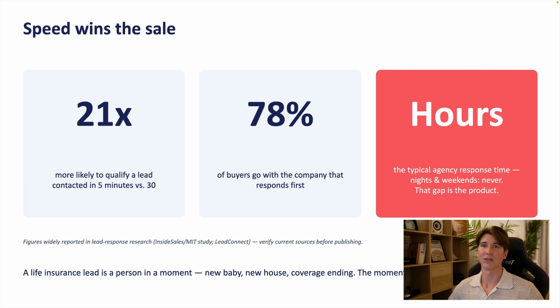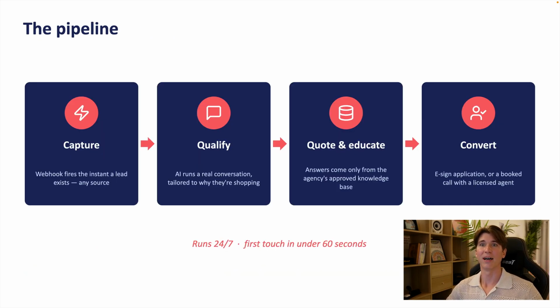So what we'll show you first is the pipeline for this agent. First, it captures the event and fires a webhook that goes into your system as soon as the lead exists from various sources where you can capture that lead. And then the agent will run a conversation with the lead, asking them questions, qualifying them, tailoring the experience and the sales process to their specific needs.